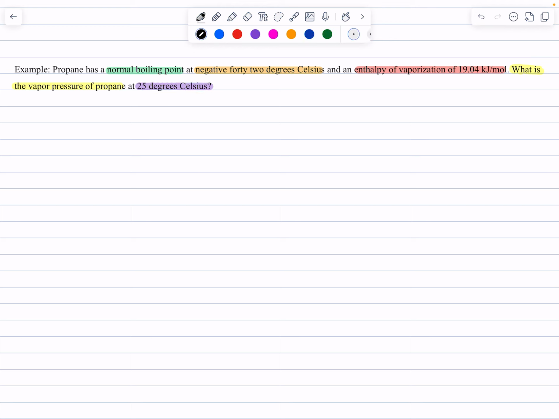So our Clausius-Clapeyron equation would be the natural log of P1 over P2 equals delta H vap over R times 1 over T2 minus 1 over T1.